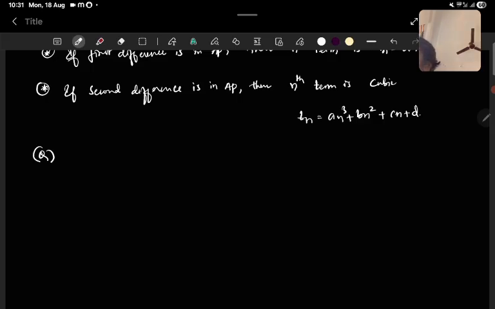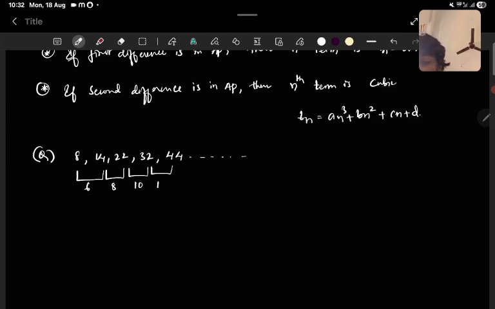The question is 8, 14, 22, 32, 44 and so on. Okay, this is the sequence, how it actually varies. So the difference of 8 and 14 is 6, and 14 and 22 is 8, 22 and 32 is 10, 32 and 44 is 12.